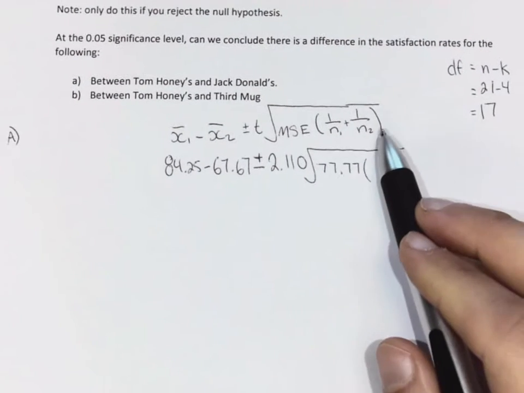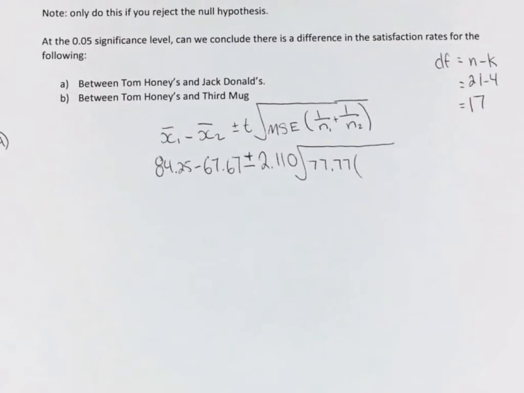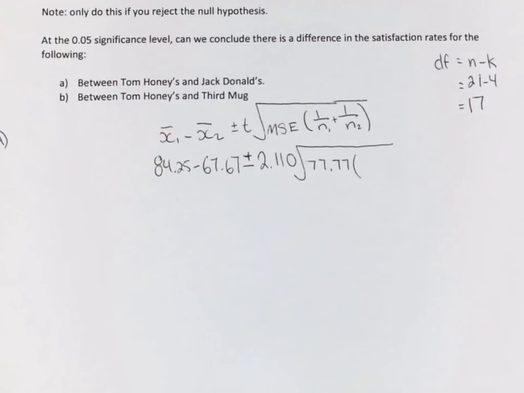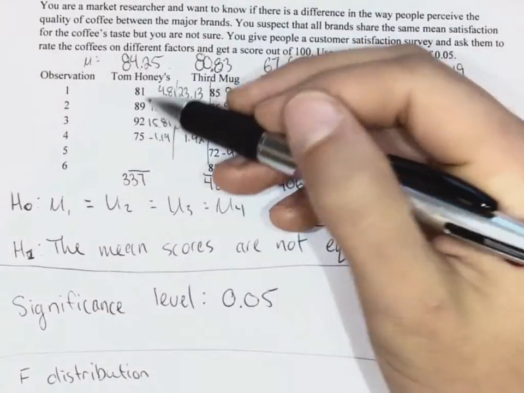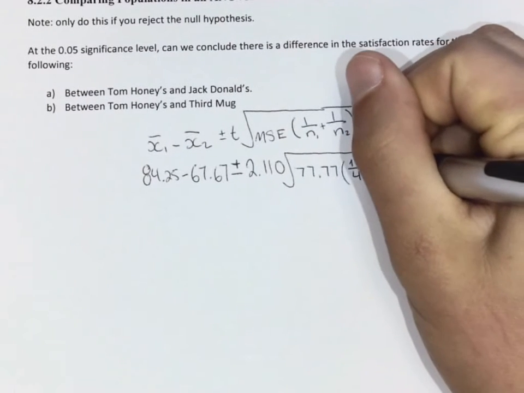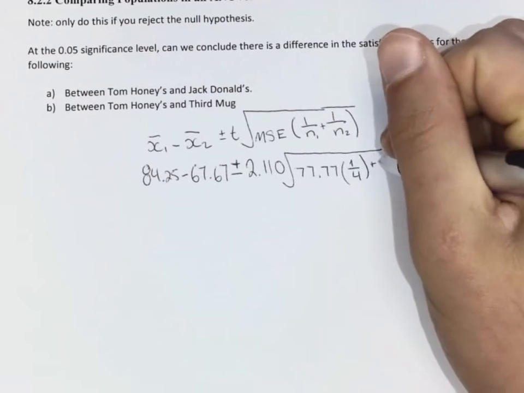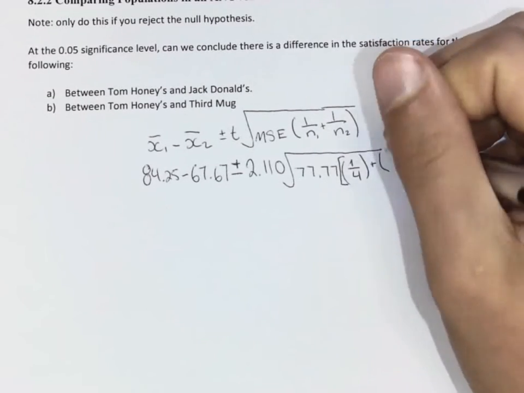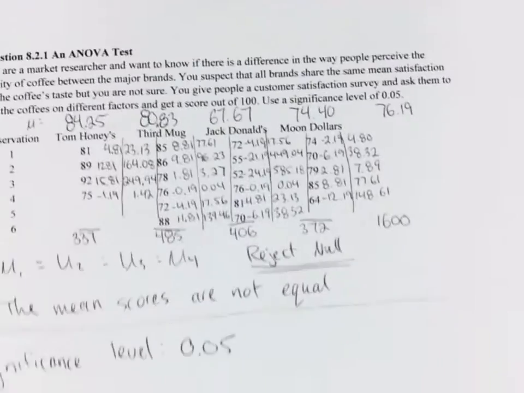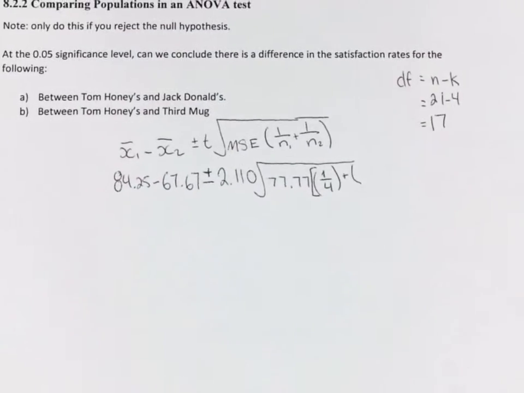And the total amount of observations from Tom Honey's, which was 4, so 1 over 4, plus the total amount of observations from Jack Donald's, which was 6, so 1 over 6.